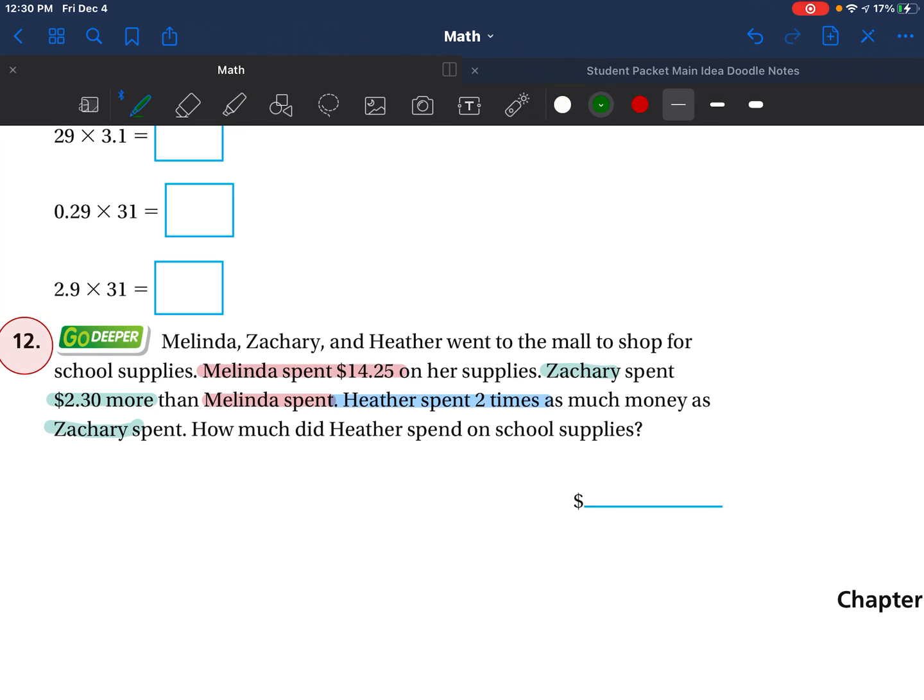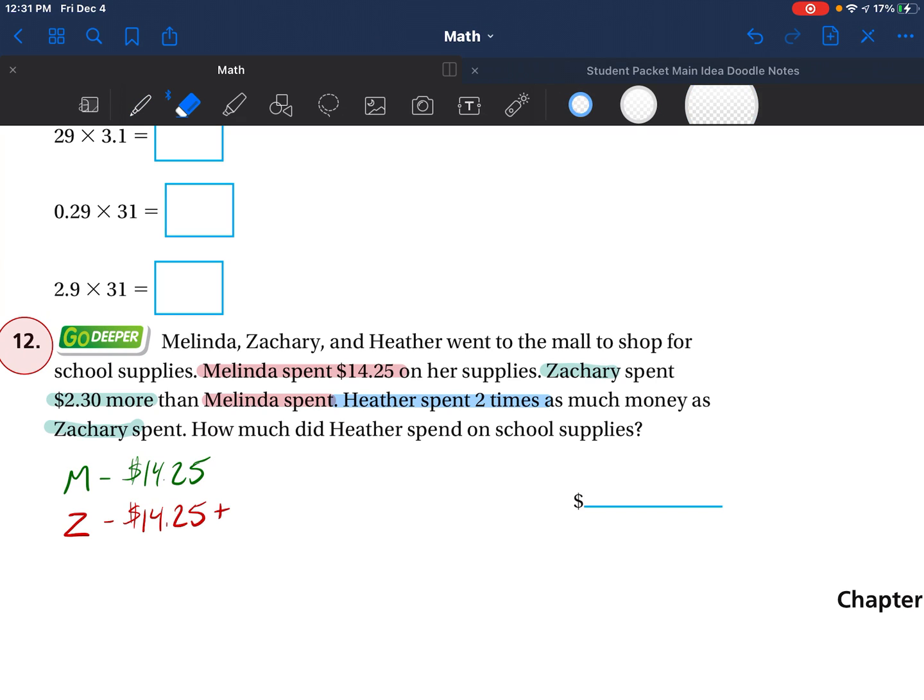So if I was solving this, Melinda is definitely my home base, and she spent $4.25. Next up is Zachary, and we know that he spent $2.30 more than Melinda. So his is going to be $4.25 plus, actually, you know what, one second.